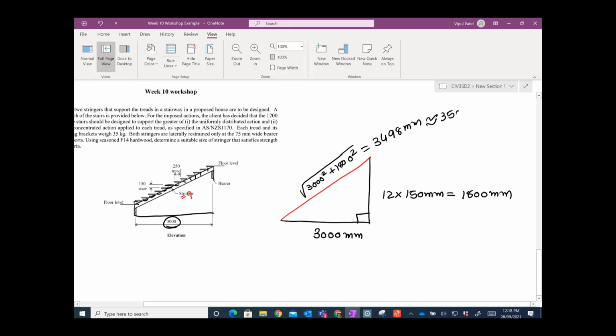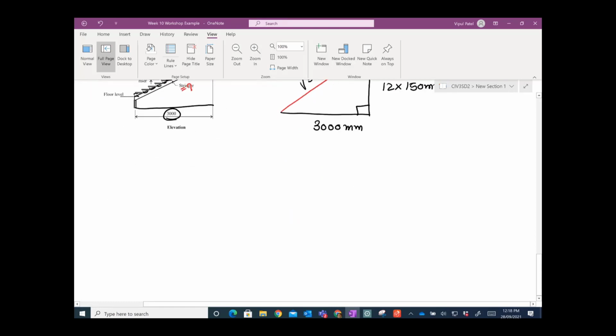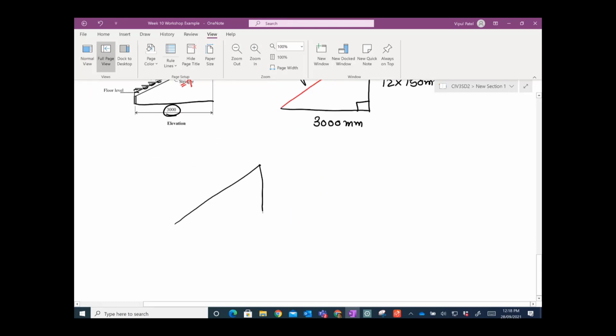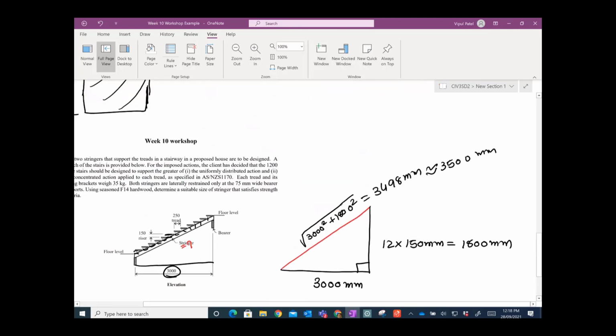Just take it as 3500 millimeters. So that is the length of the stringer. So I can provide the details to you. We have 3000 millimeters here, 1800 millimeters here, and 3500 millimeters here. I hope you're okay with that so far. No questions, right?